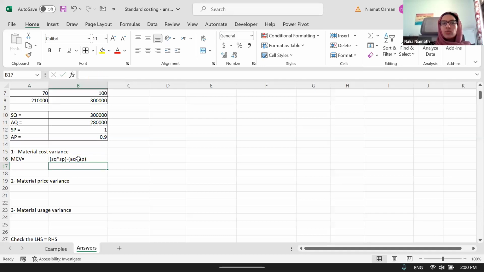Now, what is SQ into SP? 3 lakh into 1, correct? That will give me 3 lakhs. Minus, what is AQ into AP? 2,52,000.